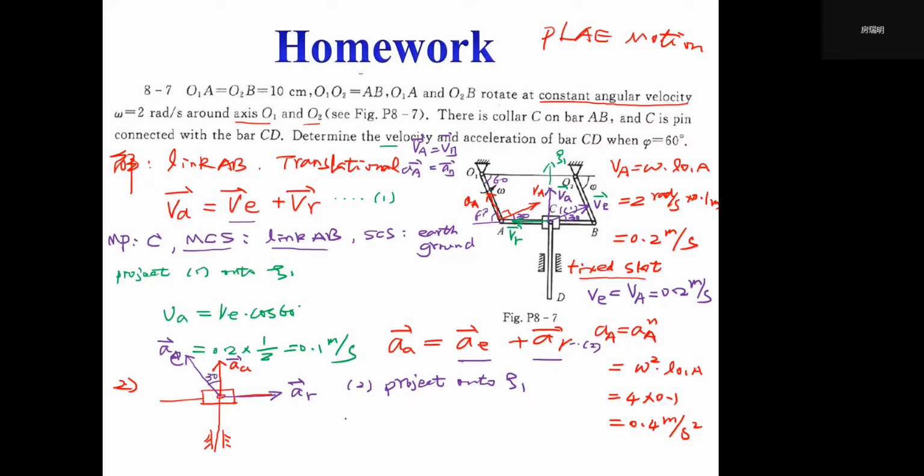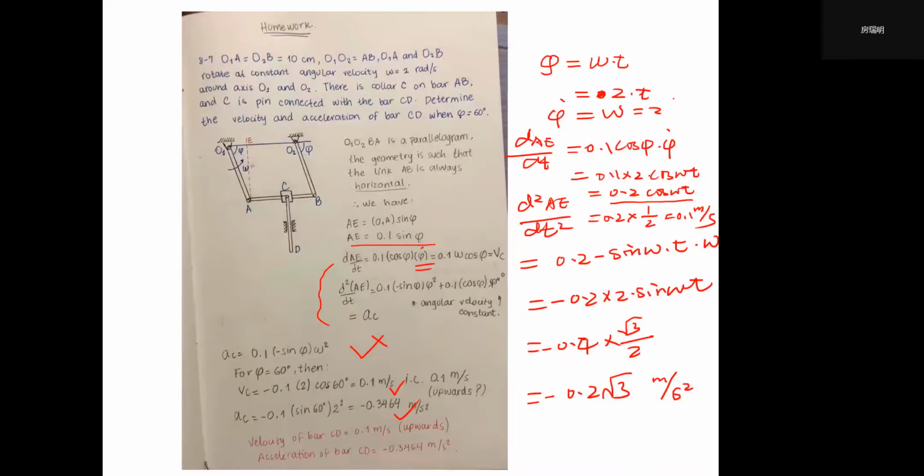So we have AA equals AE cosine 30. And AR, because it is perpendicular to this axis C1, gives 0. So we find that AA equals 0.4 times cosine 30, equals square root 3 over 2 times 0.4. So the same result here, 0.3464.